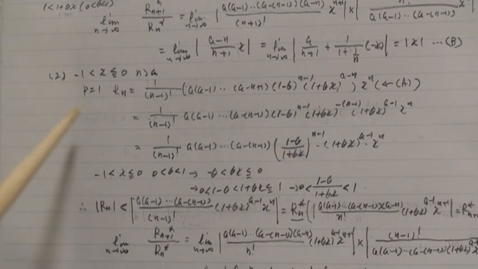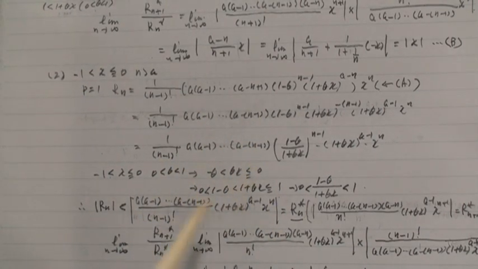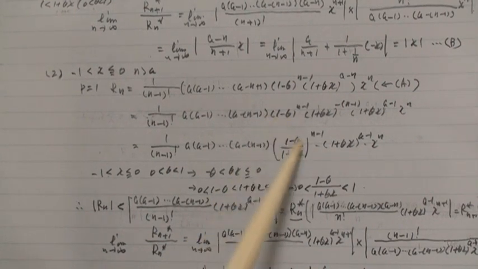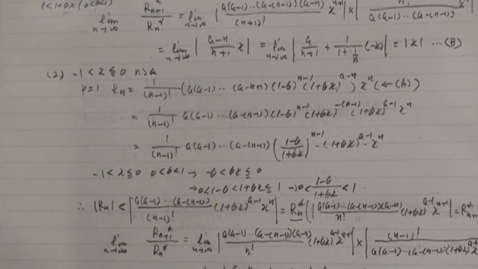And then R_n, the absolute value of R_n equals the absolute value of this, from 0 to 1, and this value in absolute value equals R_n star.